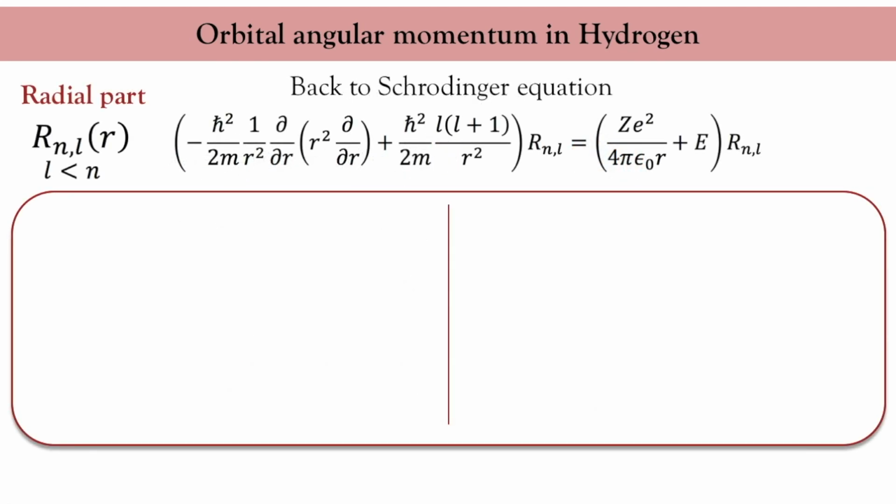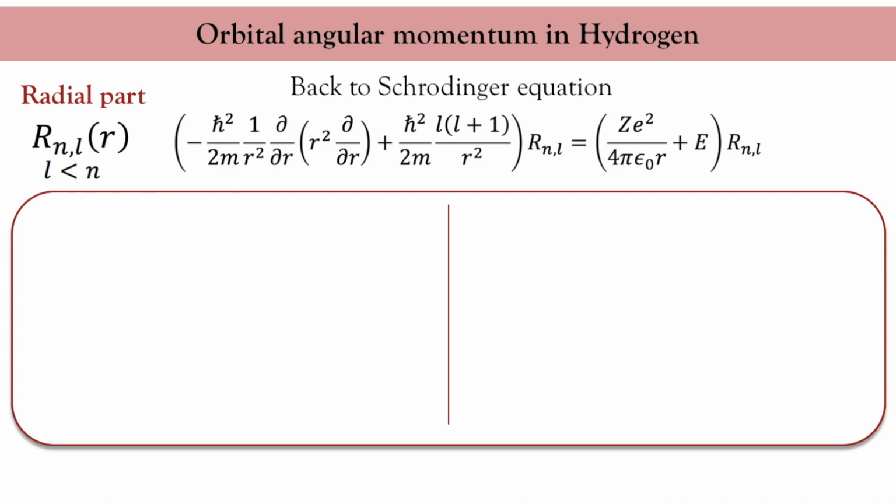Okay, now we have taken care of the angular parts of the wave function. Let us take care of the radial parts. We go back to our Schrödinger equation and solve it for the radial function.